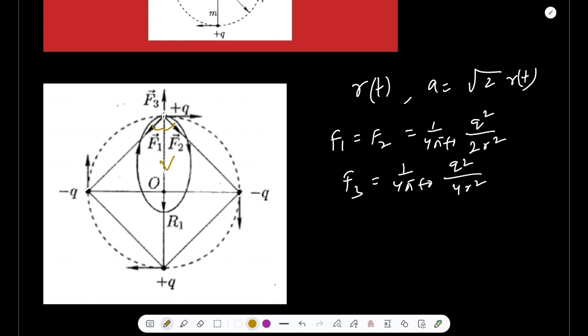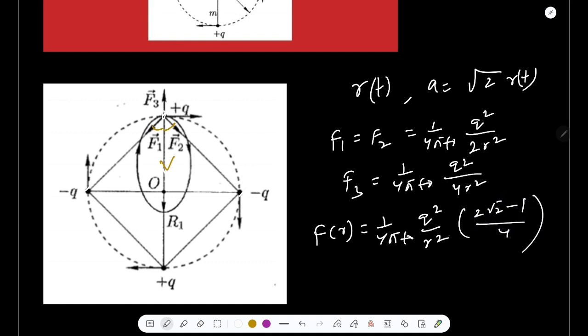So the resultant force you can write here is 1 upon 4 pi epsilon naught, q square upon r square, times (2 root 2 minus 1) upon 4.